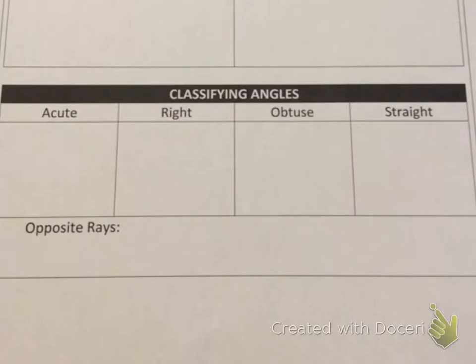Alright, now let's just remind ourselves what our angles are according to their names. So the first one that's on here is acute. Acute is less than 90 degrees, which really means it's small. Right is exactly 90 degrees.